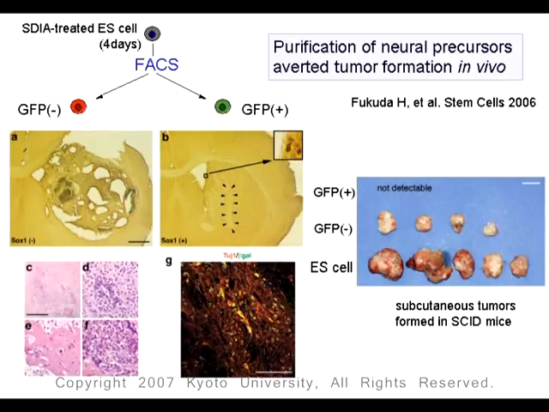This tumorigenicity was confirmed by subcutaneous injection into SCID mice. Again, GFP positive cells never formed tumors, but GFP negative cells formed teratomas like control ES cells. That means we can avoid tumor formation by selecting only neural lineage cells.